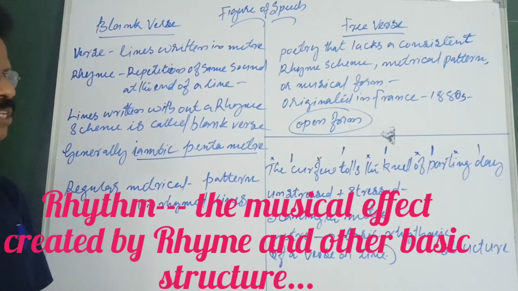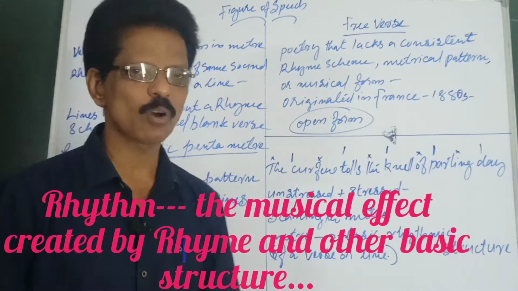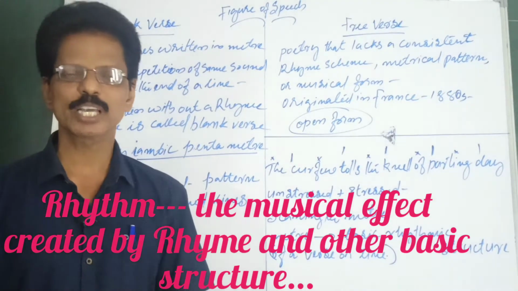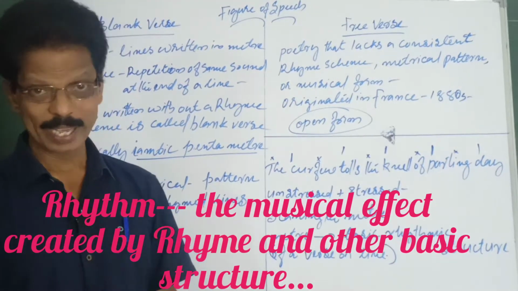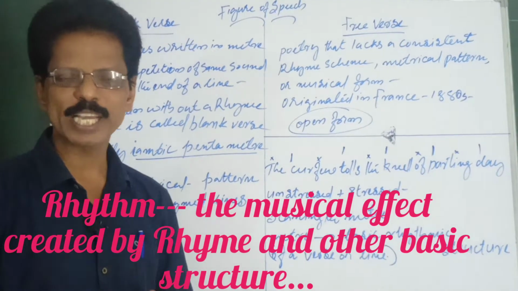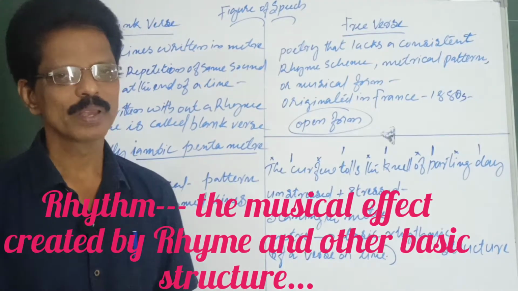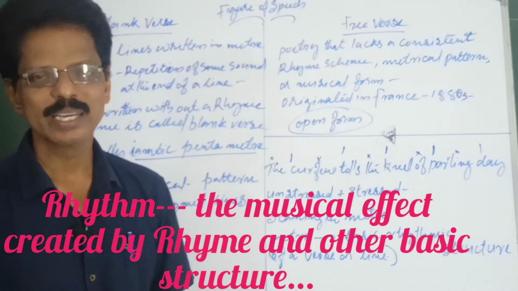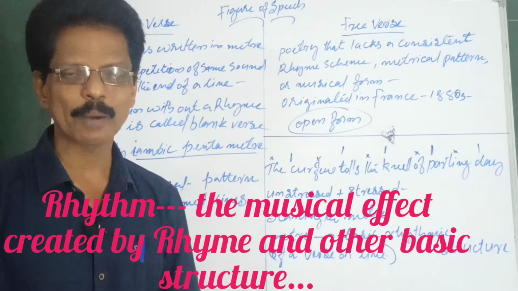For example, the rhyme scheme of a Shakespearean sonnet. Sonnet means a short poem or lyric poem of 14 lines. The rhyme scheme of a Shakespearean sonnet is ABAB, CDCD, EFEF and GG, ending with a couplet.